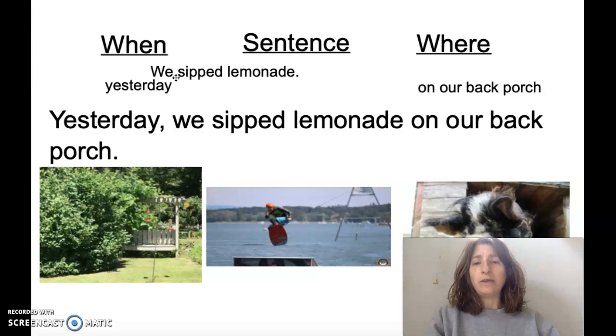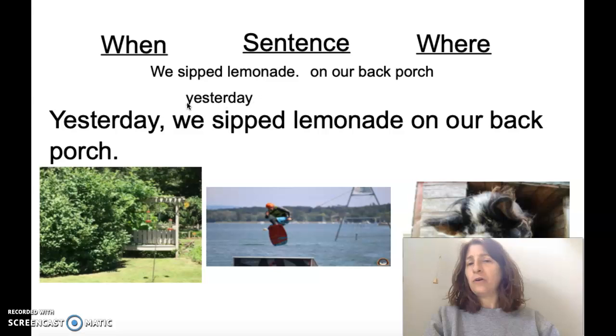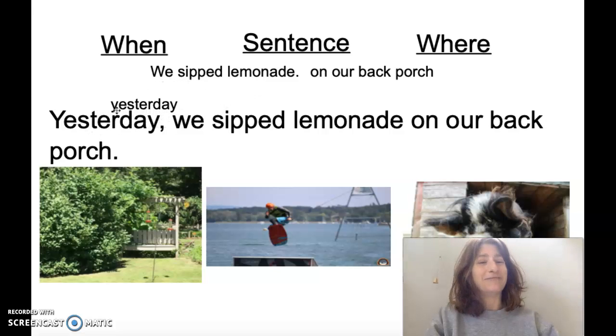I could say, we sipped lemonade yesterday, or we sipped lemonade on our back porch yesterday, or we sipped lemonade on our back porch as well.